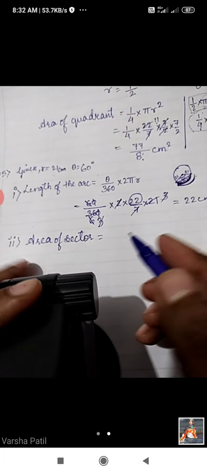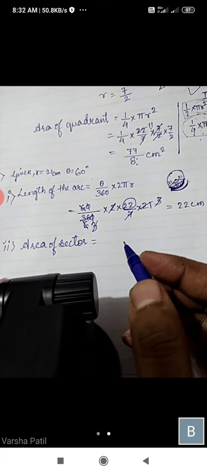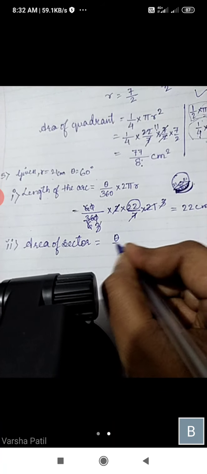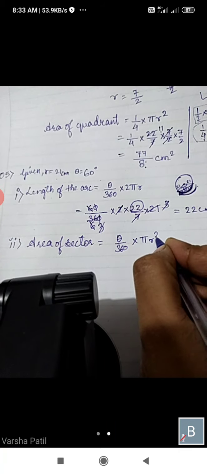Who will tell the formula? Yes, that is theta by 360 into pi r square.